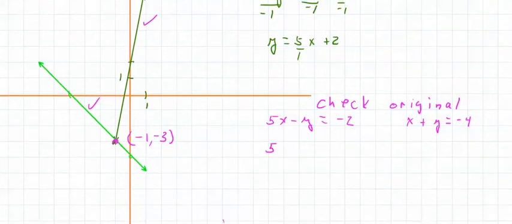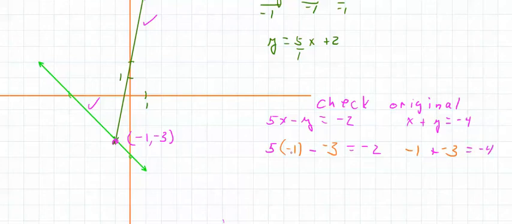So 5 times negative 1 minus negative 3 should equal, hopefully, negative 2. And negative 1 plus negative 3 should equal negative 4.